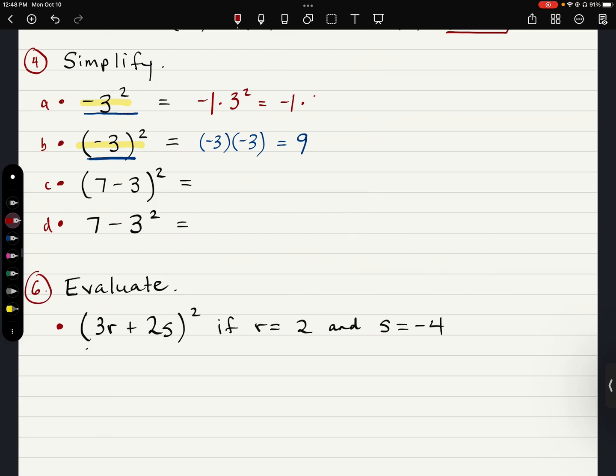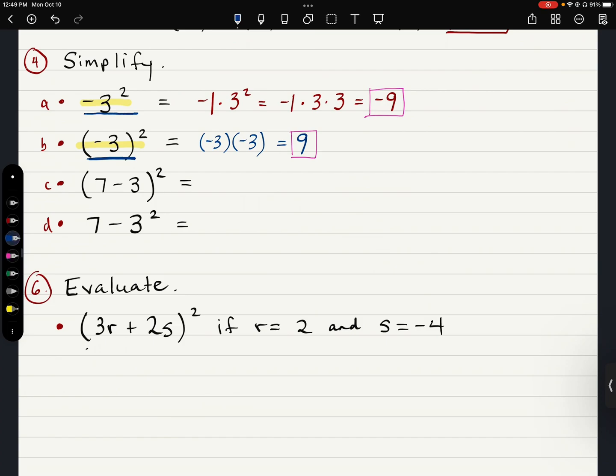We're looking at negative 1 times 3 times 3. And when we do that, we should end up with negative 9. So our answers on this one aren't even the same. Even though they look so much alike, they are not the same. For the first one, we get a negative answer. For the second one, we get a positive answer.